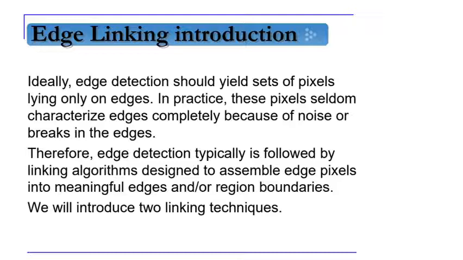We will not apply edge linking on the whole image, but only on one region where we know that the object would be, and then we apply the edge linking algorithm. The third approach is a global approach, which works on the entire image. So we have three approaches: one is local, the second is regional, and the third is global. Today we are going to see the local processing approach.